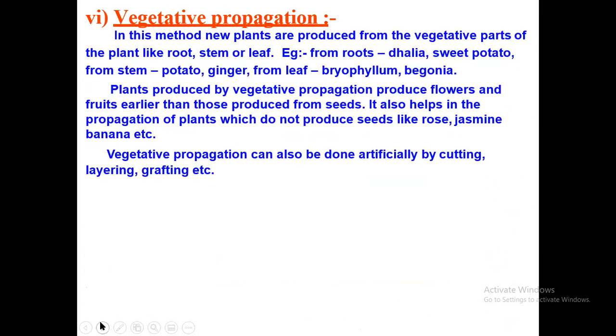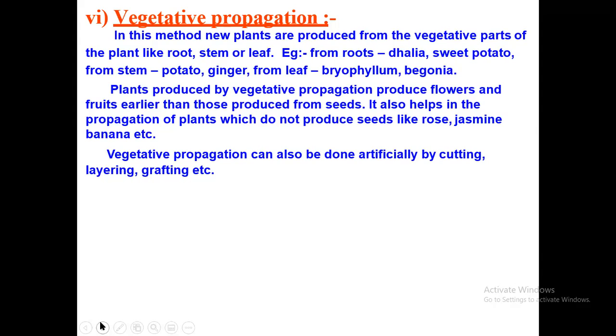Vegetative propagation. In this method, new plants are produced from the vegetative parts of the plant like root, stem and leaf. From root: sweet potato, dahlia; from stem: potato, ginger; and from leaf: bryophyllum and bignonia. Plants produced by vegetative propagation produce flowers and fruits earlier than those produced from seeds.